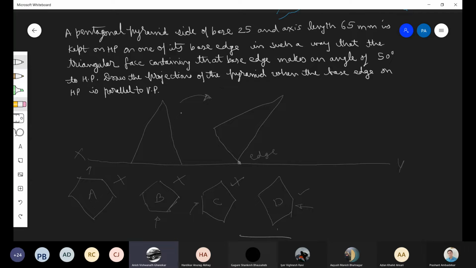Okay. What is the question saying? The question is saying that the pentagonal pyramid is resting on HP. Okay, so that you understood. Now आगे इसमें क्वेश्चन में क्या पूछा है? The question says that it is resting on HP, but on what? On its base edge. It is resting on a base edge. मतलब is the entire base touching the HP? No. The entire base is not touching the HP, only one of the edges.